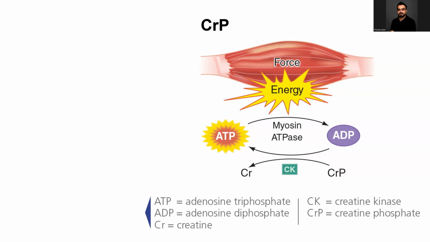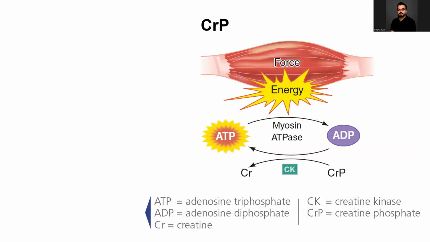And then we have creatine phosphate, which converts the ADP to ATP by giving its phosphate to ADP. So after replenishing the ATP, we have creatine without phosphate.